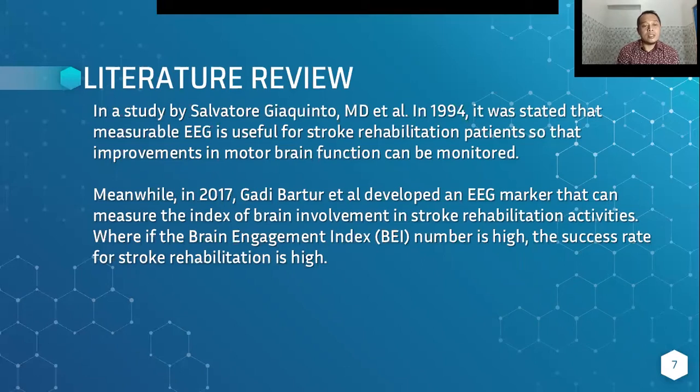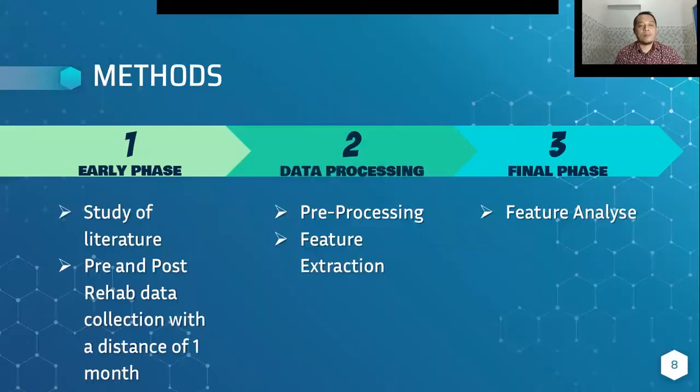Meanwhile, in 2017, Cady Barter et al. developed an EEG marker that can measure the index of brain involvement in stroke rehabilitation activities, where if the brain engagement index, or BEI, number is high, the success rate for stroke rehabilitation is high.